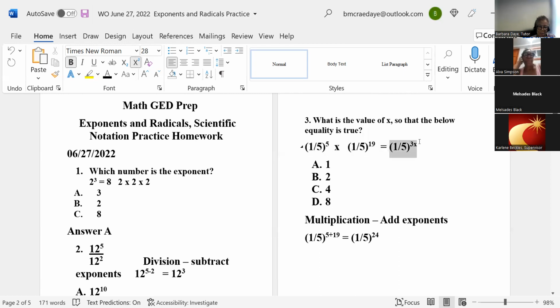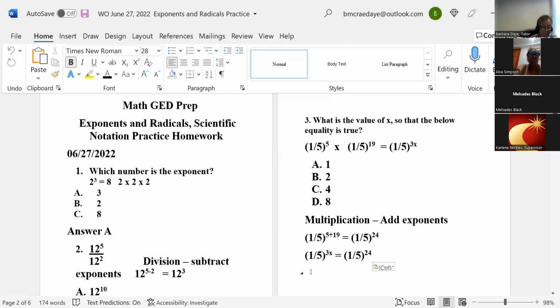Let me copy that here, to the 3x exponent. All right, and this equals 1/5 to the 24th. Alva, you know the answer? Let me copy that there and then you can probably see it.